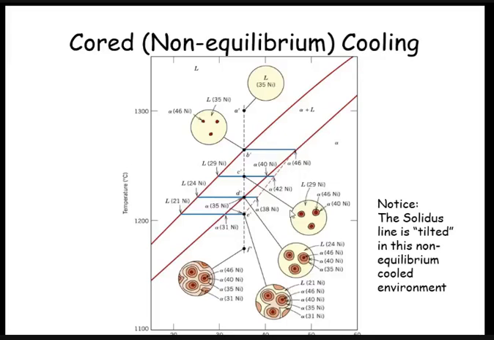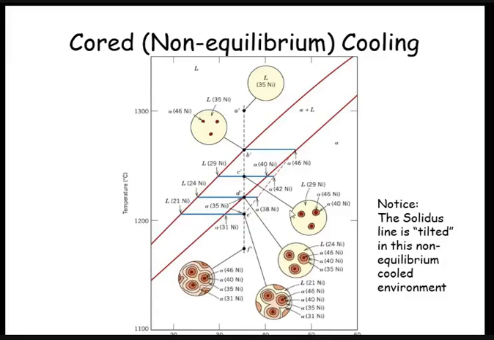So what is that non-equilibrium way? The cooling rate in the non-equilibrium way is higher than in the equilibrium way. We allow the molten metal to cool in air, or forced air, so that it cools fast. Whenever you disturb the equilibrium cooling rate, you are not following the equilibrium diagram.